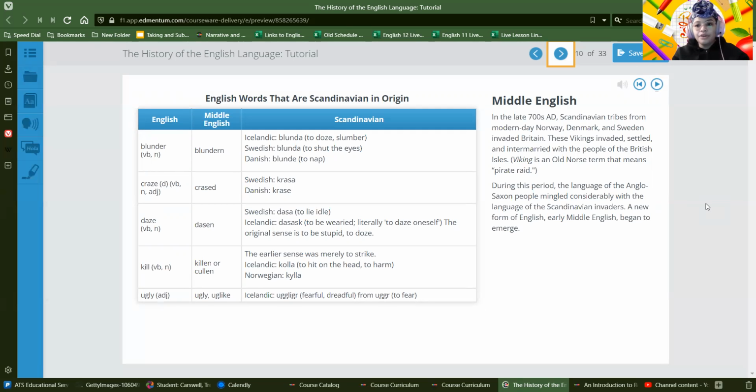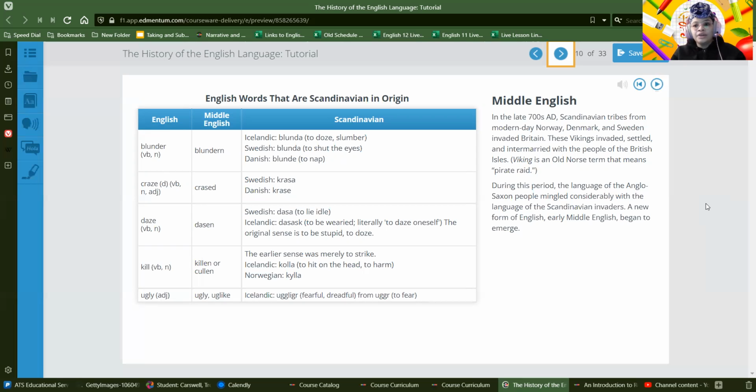So then we move on to Middle English, and they give you another date from in the late 1700s AD. Scandinavian tribes invaded Britain. And these were the Vikings from Norway, Denmark, and Sweden. So these are from like way, way, way north and a little east in Europe on the islands. So the Vikings invaded and intermarried with people of the British Isles.